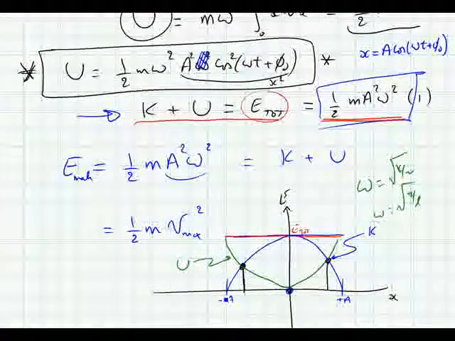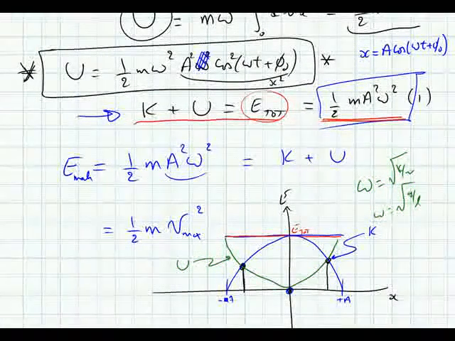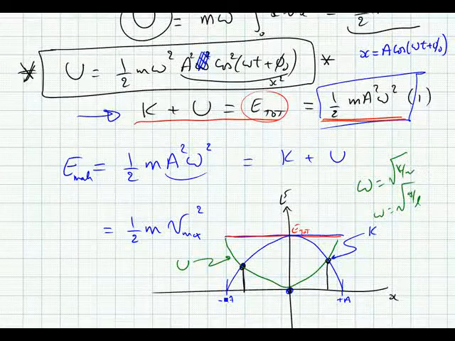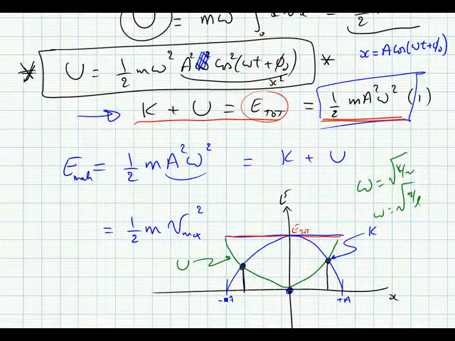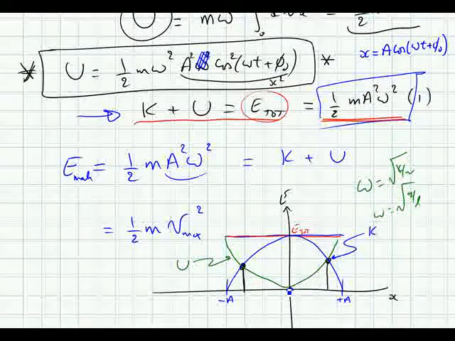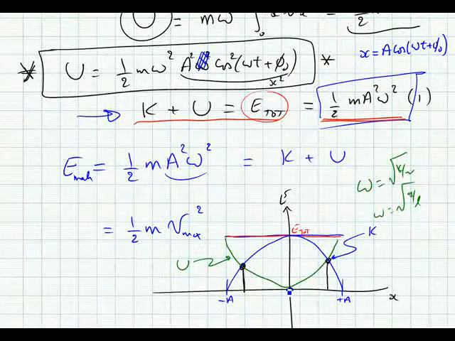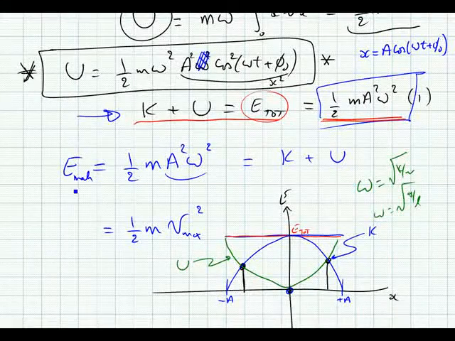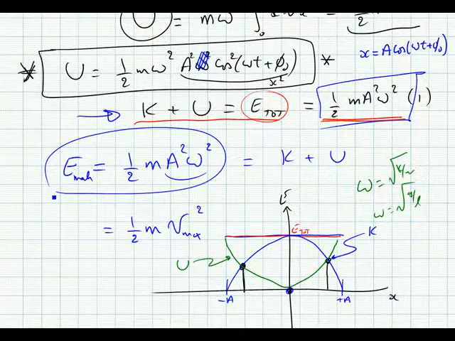Therefore, the kinetic energy, which is that blue curve, is 0 at the two extreme positions, and it's maximum at the center position. Now, potential energy depends on position, so at the origin it's 0, and at either end it's maximum. And those maximum values are of course equal to the total mechanical energy that the object has.